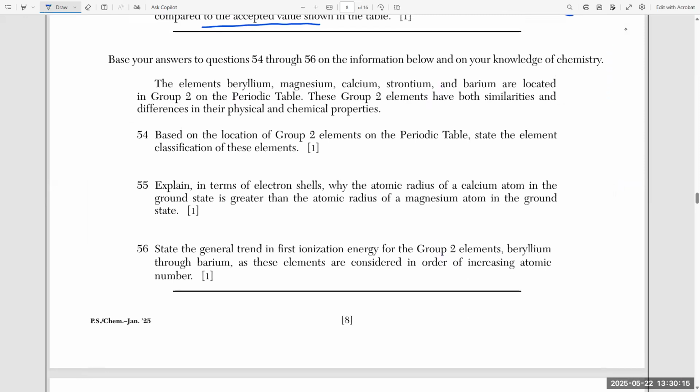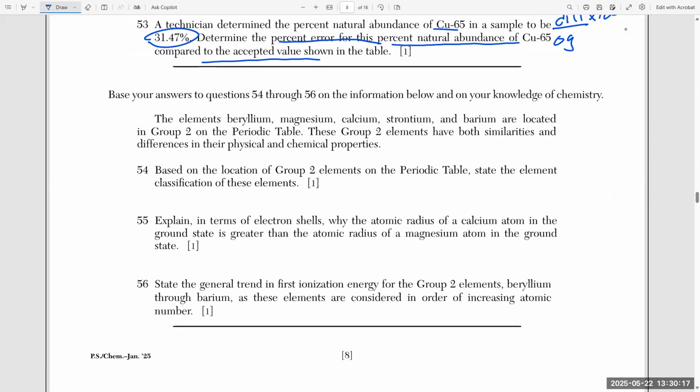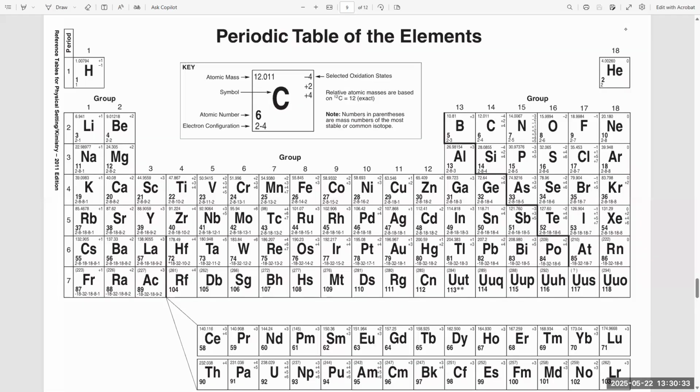54. The elements beryllium, magnesium, calcium, strontium, and barium are located in group 2 in the periodic table. These group 2 elements have both similarities and differences in their physical and chemical properties. Based on the location of group 2 elements in the periodic table, state the element classification of these elements. Let's go. So if you go here, beryllium is located right here.